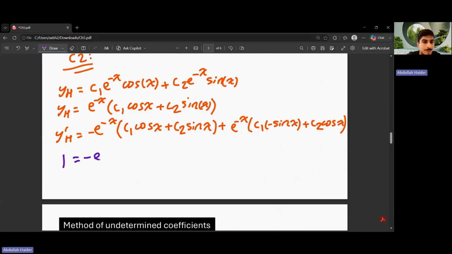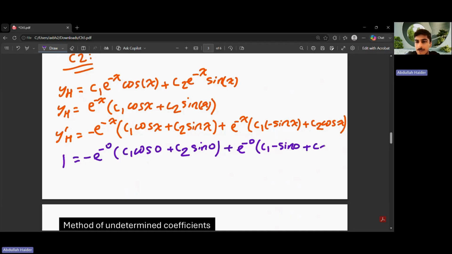So negative e power negative 0, C1 cosine 0 plus C2 sine 0, plus e power negative 0, C1 negative sine 0 plus C2 cos 0.